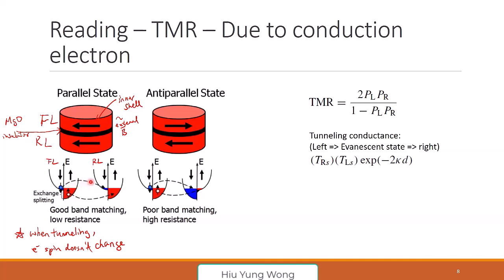At the same time, when I jump to here, I have a lot of available states because this one is low, right? So the blue is very small, but the red is very large. As a result, I have a large current. Is that okay?